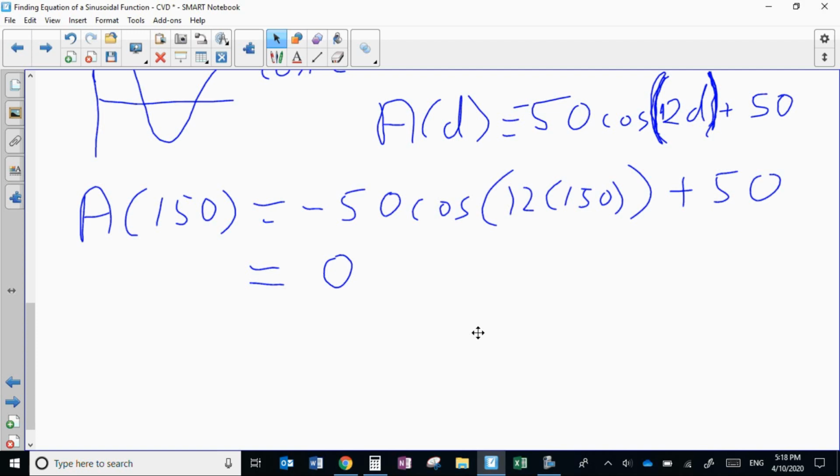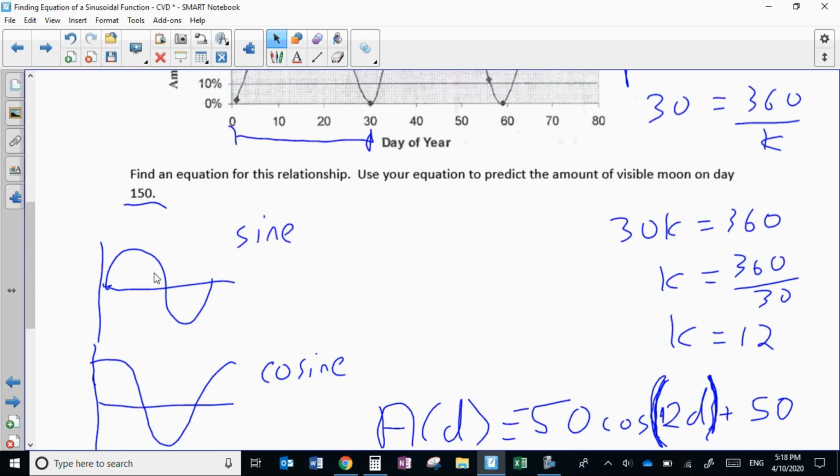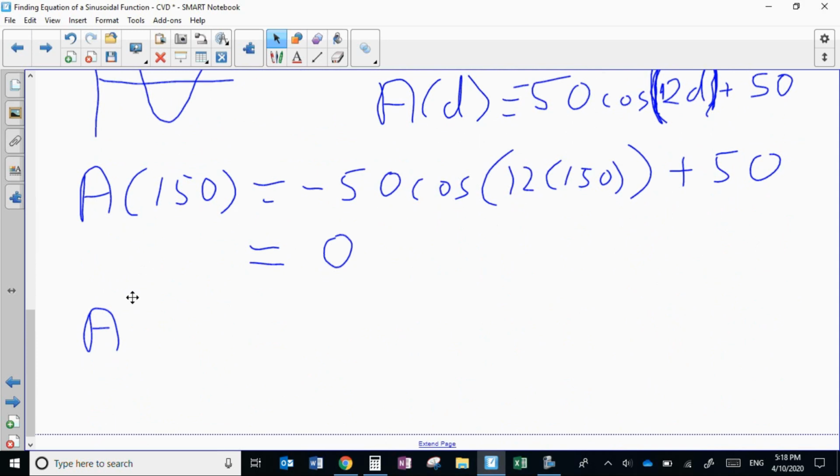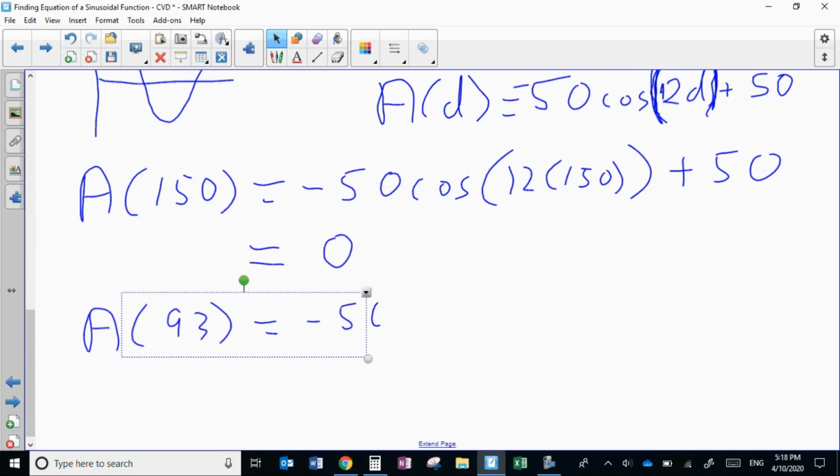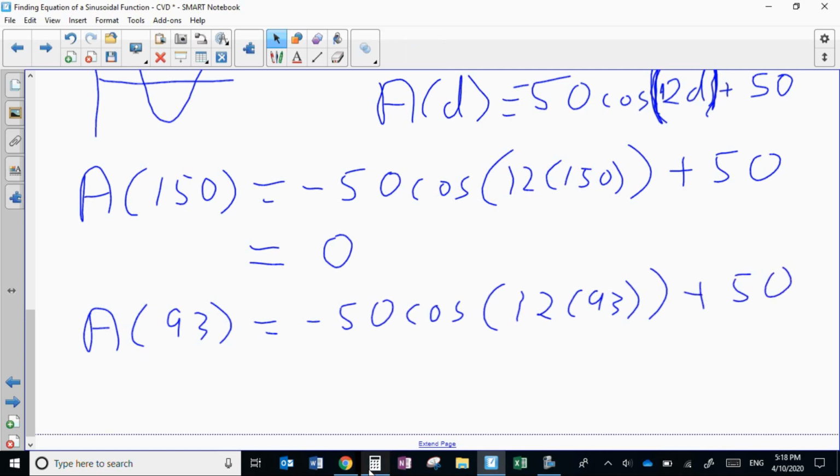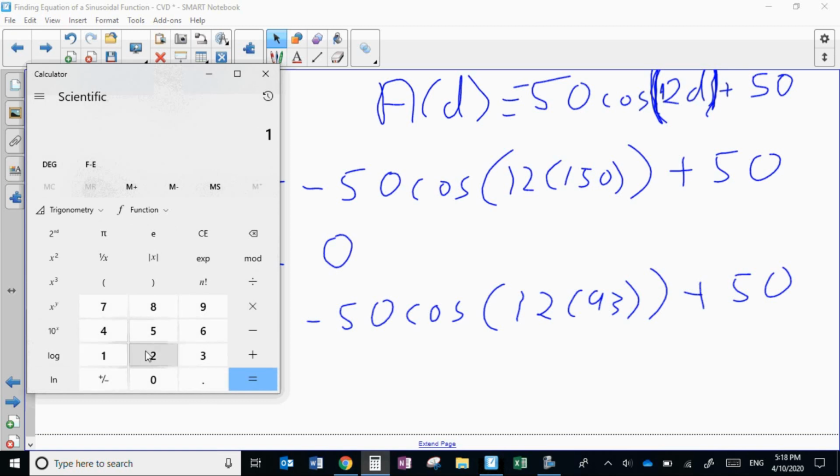Let's pick an odd day, like day 93. Okay, just like that. And let's see how this works out. So 12 times 93. It's that right there.